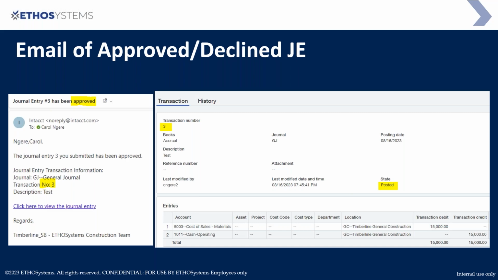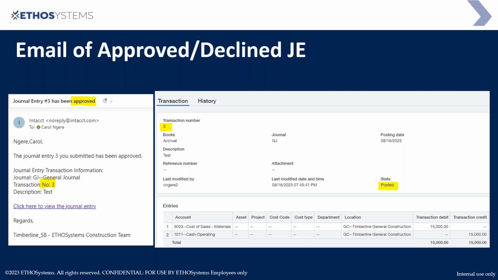And then to add on to that, I set myself up to receive an email notification. This is where I initially had mentioned Intacct is great at sending emails. So my approver probably got an email saying, hey, you have a journal entry number 3 ready for your approval. And then once it was approved, I got an email back saying, hey, so-and-so has approved your transaction number 3.